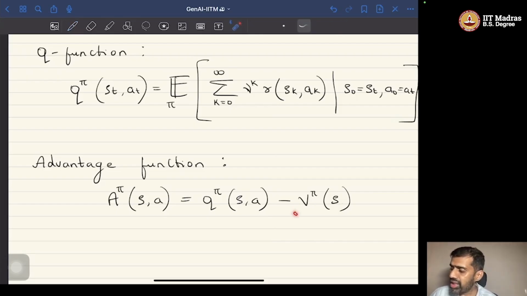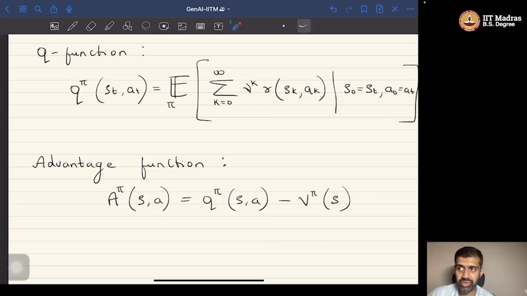Now look at this. V is telling you what is the expected reward that we get by starting at state s. So q is telling us what is the expected reward that we would get by starting at state s and taking the action a. If we take the difference between these two, what we would get is the extra advantage in the reward that we are getting by not only starting the trajectory at state s, but by also taking the action a at time t equal to 0.